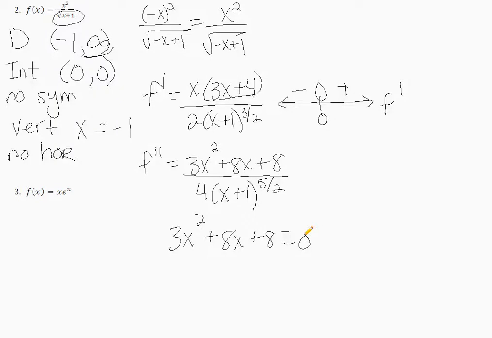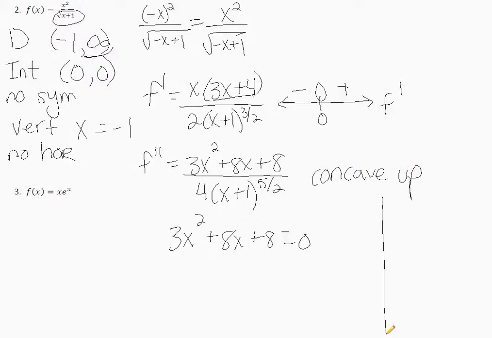So it's not changing concave down, concave up, so it must be one thing the whole time. And if you look, this will always give me positive numbers. For -1 to infinity, say you plug 0 in, you have 8/4. So this is always positive. So I'm always concave up.